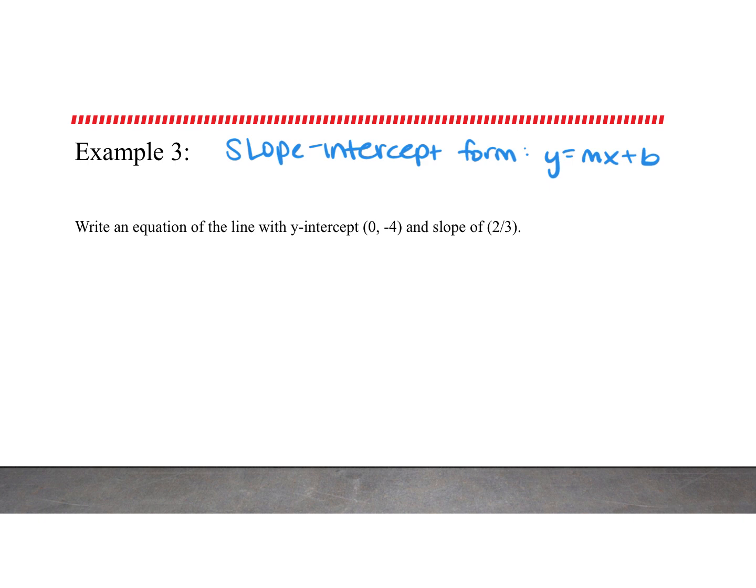Because when you glance at it, you can easily pull off what is our slope value, what is our y-intercept. So notice they gave us specifically the y-intercept here, and because of the ordered pair here, 0, -4, our y-intercept is -4. So we're going to put in -4 where the b goes. And a slope of 2/3 means that we are going to put in for the m 2/3.